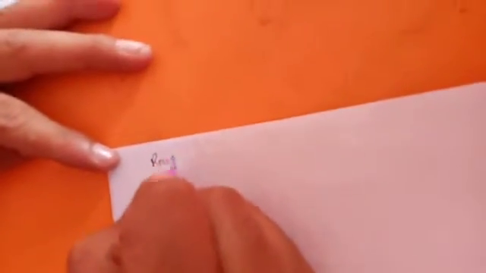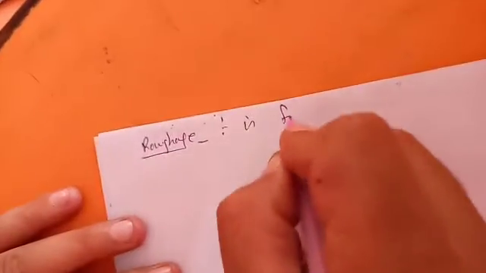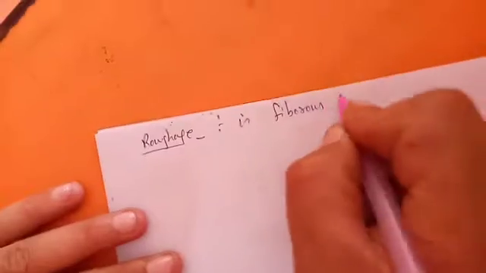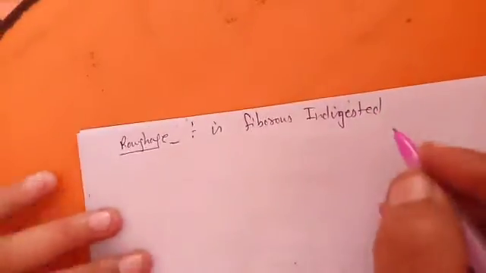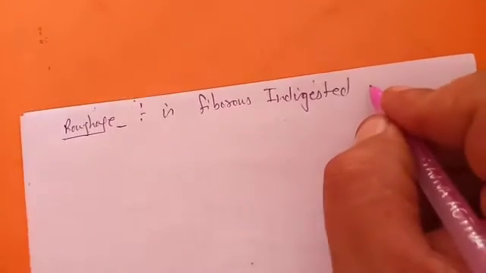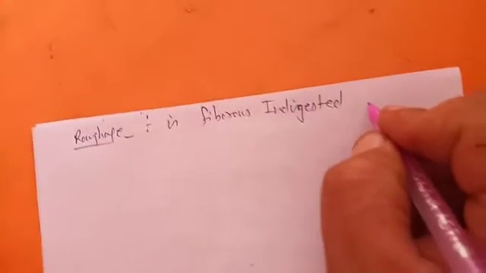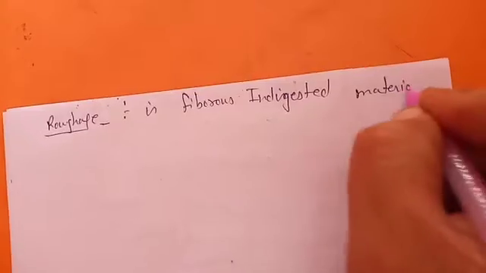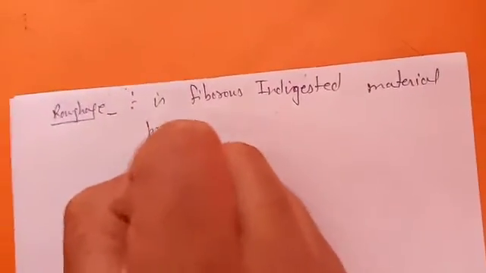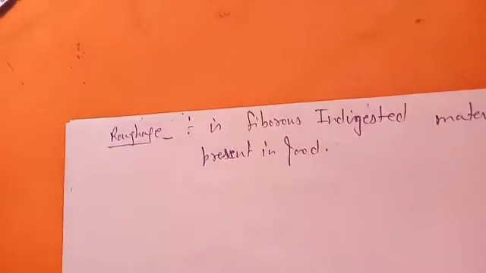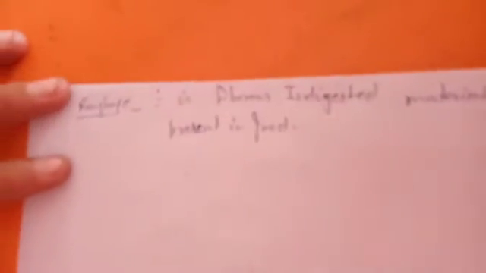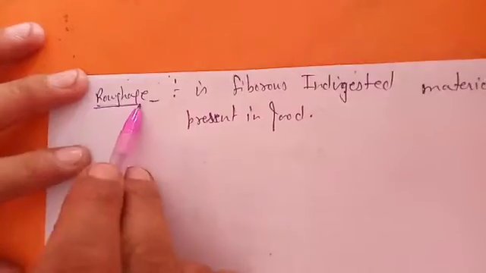Roughage is a part or component of food. Roughage is fibrous, indigestible material present in food, meaning it does not get digested. So it does not give any energy.